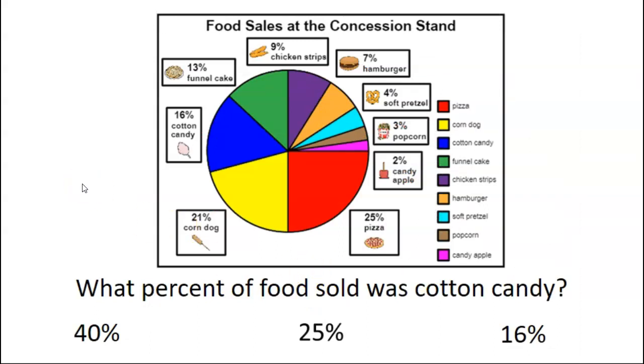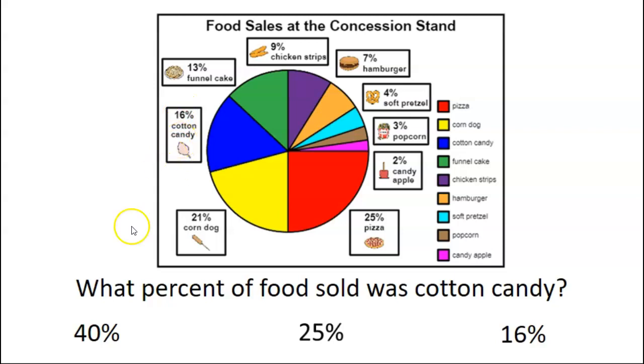So our first question, what percent of food sold was cotton candy? See if you can find cotton candy on the pie chart and touch it. Cotton candy is right here. What percent of food sold was cotton candy?